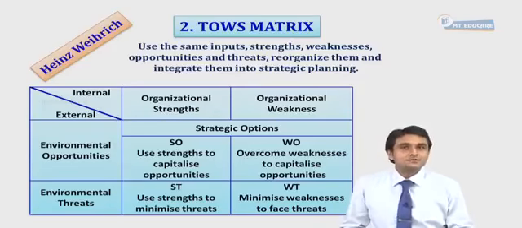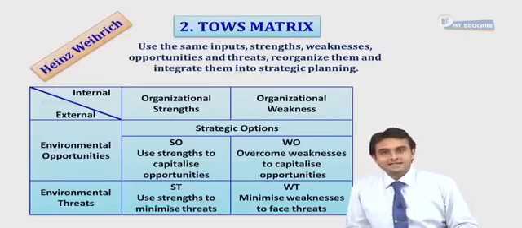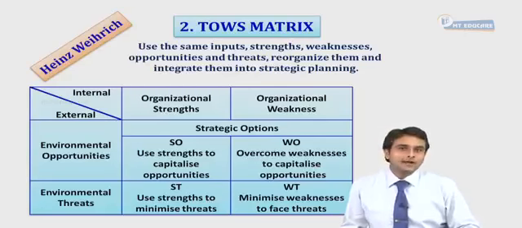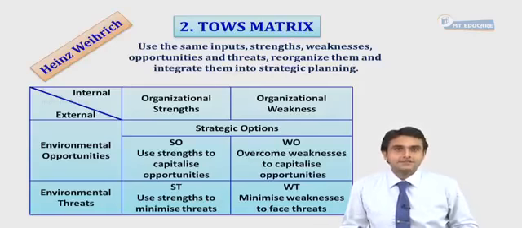TOWS is nothing but an extension to SWOT, whereby we do a comparative analysis of S with O, S with T, W with O and W with T. So the strengths and the opportunities should be maximized, and the weaknesses and threats should be as minimum as possible.